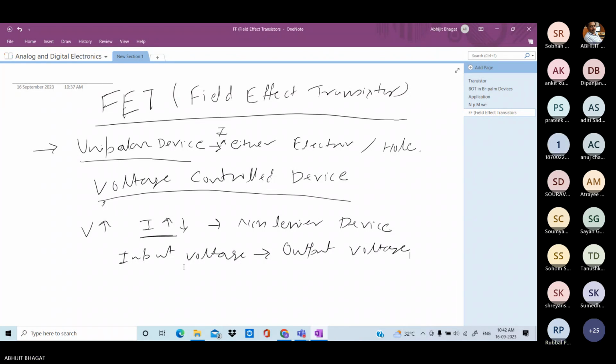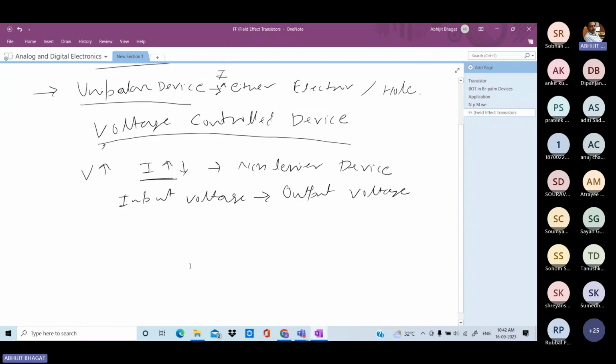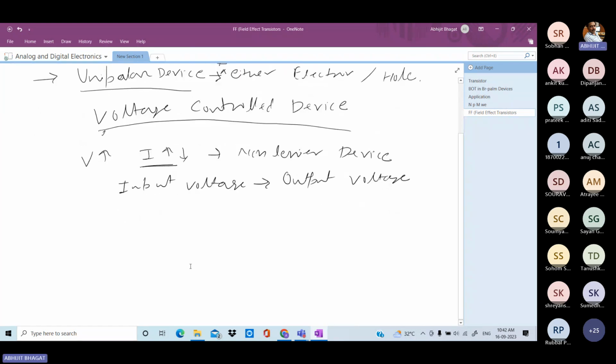Next is, same as your BJT. Your BJT is of two types, NPN and PNP. Your FET is also of two types, and the first one is JFET.